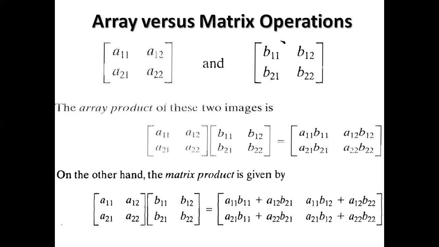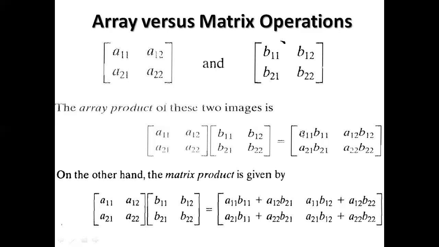Suppose you are taking two images having these two matrices, and you are doing the array product between these two images. This is one image matrix, and this is another image matrix.